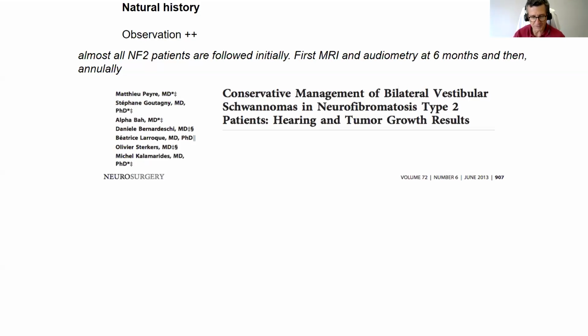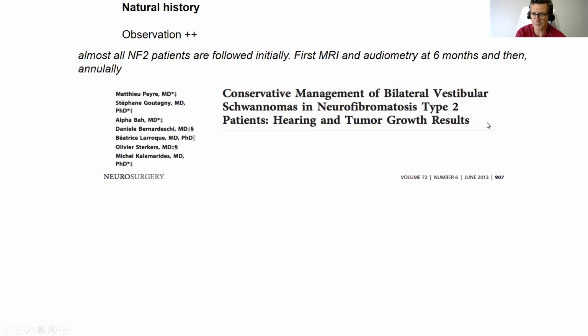It can happen, but it's very rare to have to treat a vestibular schwannoma rapidly. And most of the NF2 patients, even with large tumor, are followed by a first MRI and audiometry at 6 months to understand if the tumor is a fast-growing tumor or not. And then if there is no growth, the patients are seen every year.